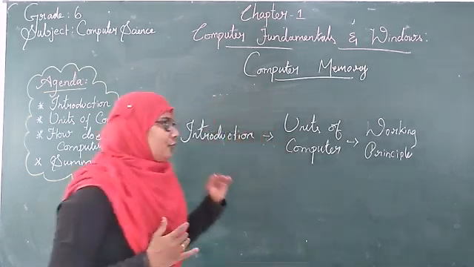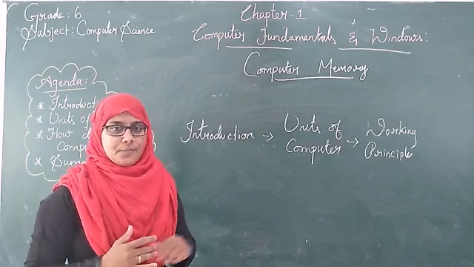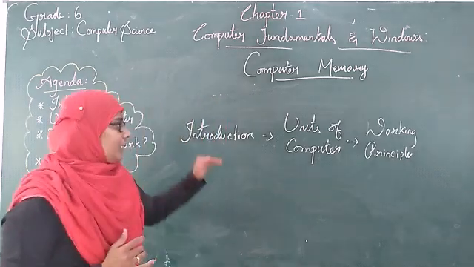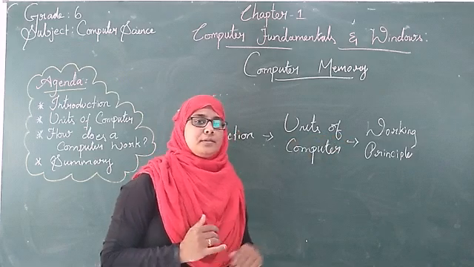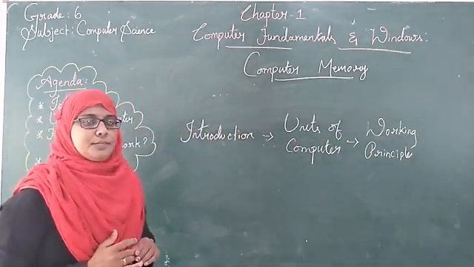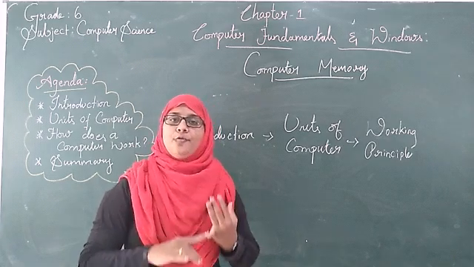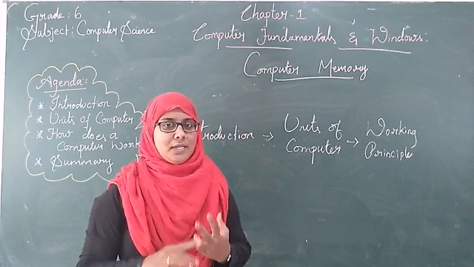In this session, we are going to recall whatever we learnt. So these are all the concepts we saw in this session: introduction, units of computer, and working principle. Under the introduction part, we saw the abbreviation or full form of computer, and then we saw the definition of the computer.